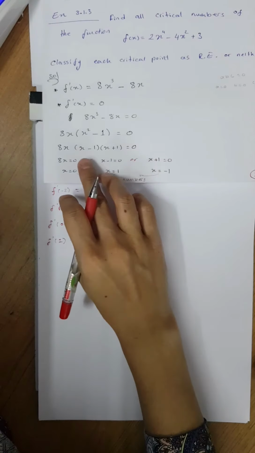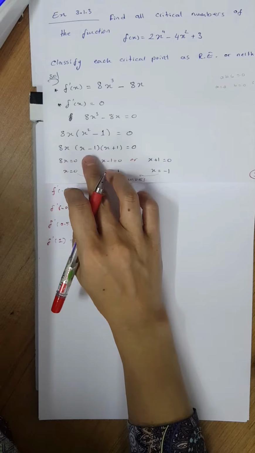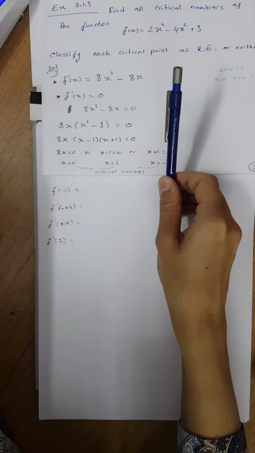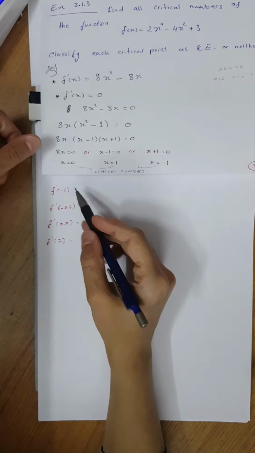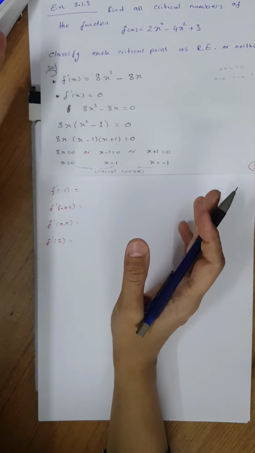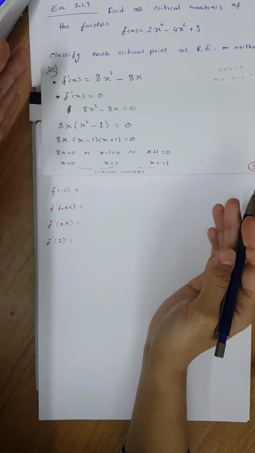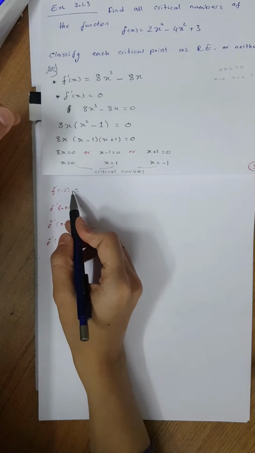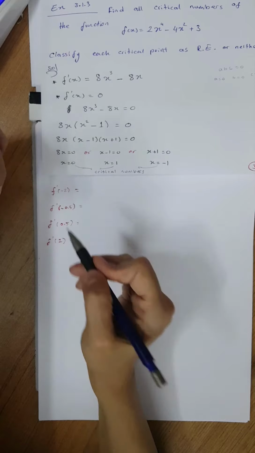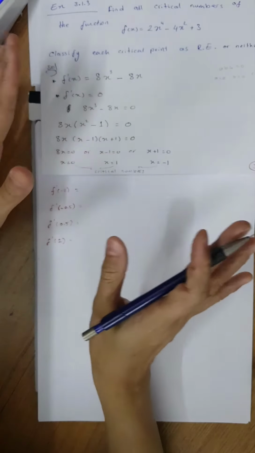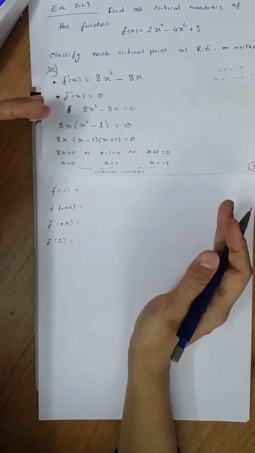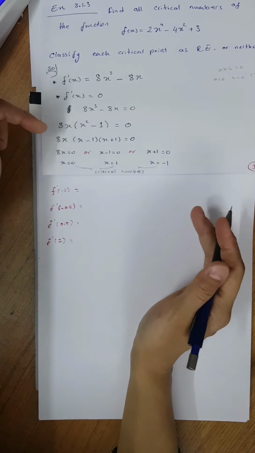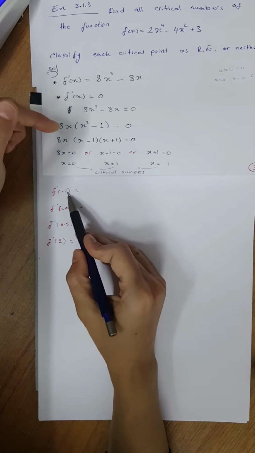Considering f prime is equal to 8x(x minus 1)(x plus 1). Of course, when we are finding these ones, I do not care about the value. I care about the sign of f prime of minus 2. That means I will check whether it is positive or negative. I don't care about anything else, because I just need to know whether it is greater than 0 or less than 0.